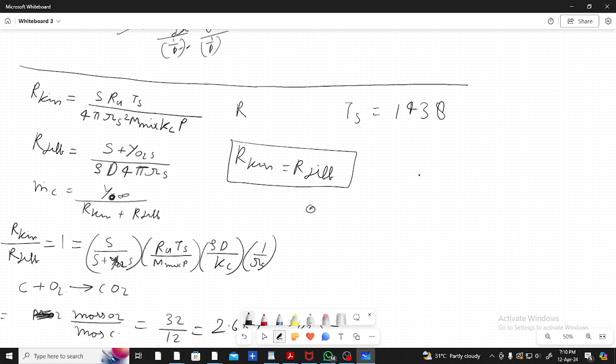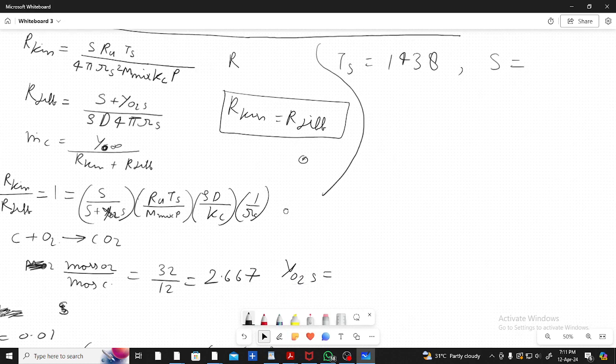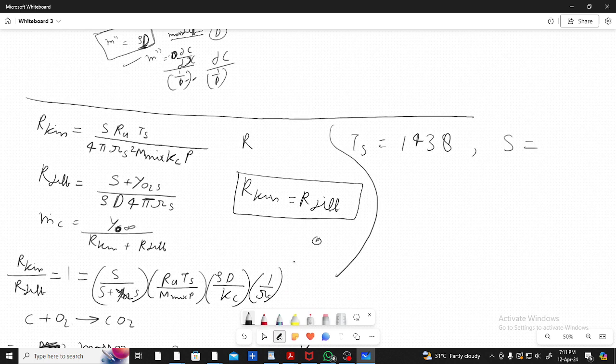You know S, S is equal to 2.667. So using this equation you calculate R kinetic, and using this equation you calculate R diffusion, and then you substitute the Y O infinity they have given. Okay, we will calculate this.